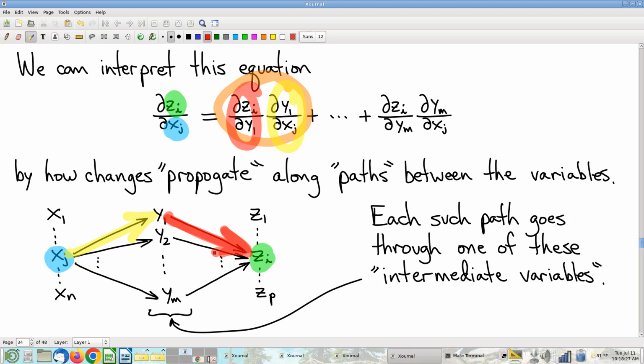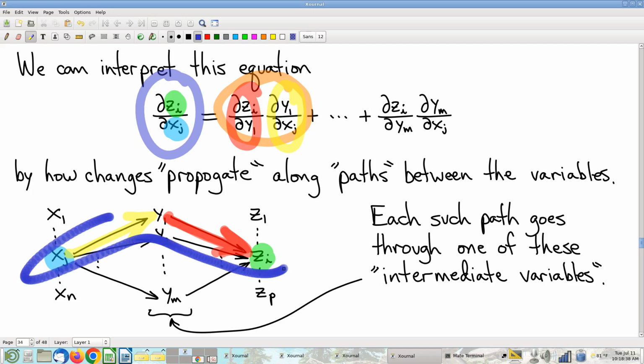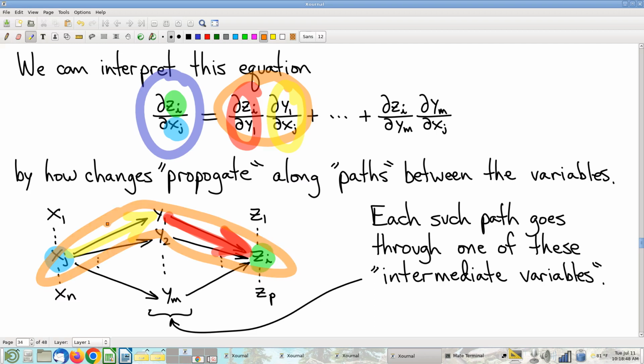So one of the pieces, right, if I'm interested in computing altogether, as xj changes, how much does zi change? The propagation of the input change along this path, oh, whoops, I used the wrong color there. The propagation along this path contributes that term right there.